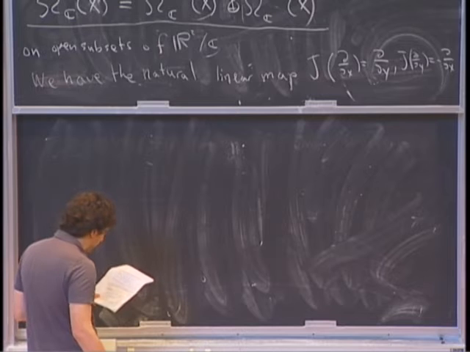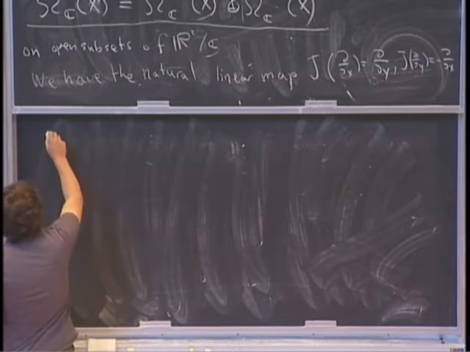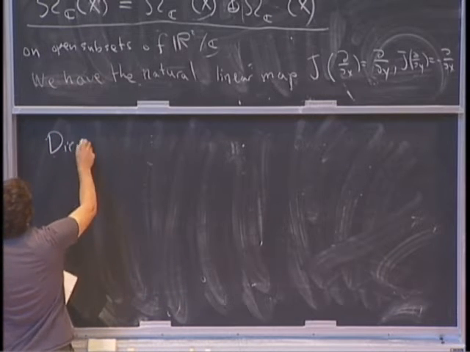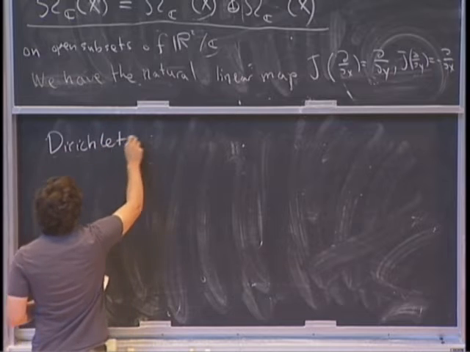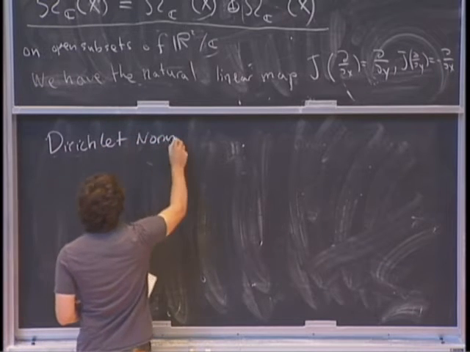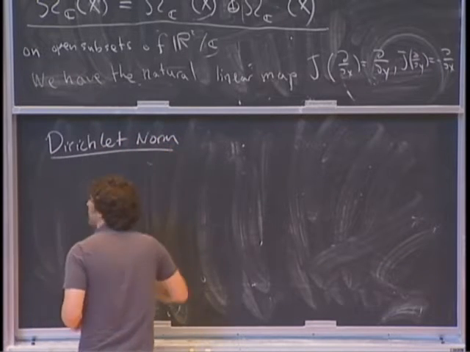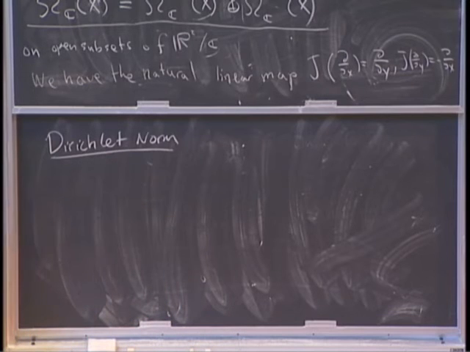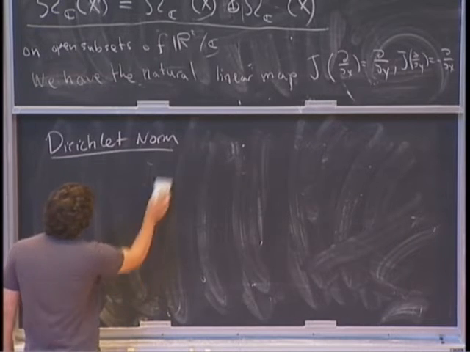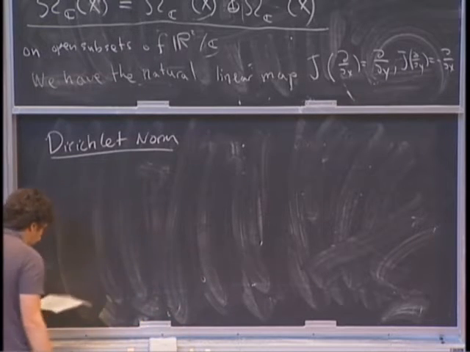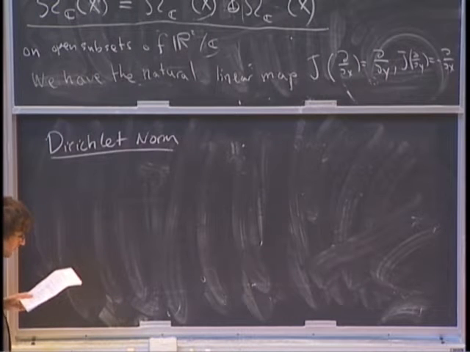So to do that, we need the following notion of the Dirichlet norm, which, of course, you probably have seen in the context of just R^n, say, but we'll be able to see that there's a nice way to do it on a Riemann surface invariantly. So what's the idea here?